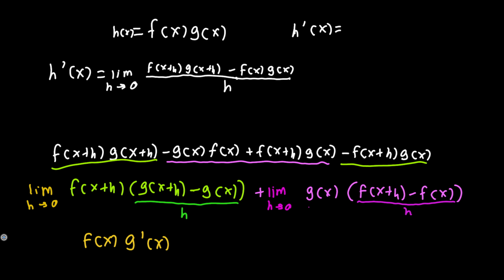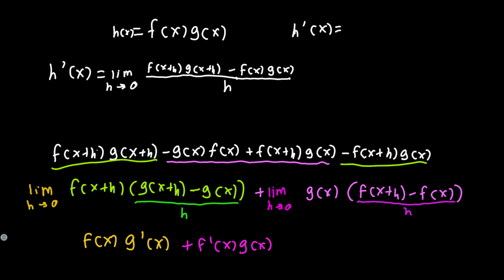For the pink counterpart, it's going to be the same process. We have plus g of x and the limit definition for f, so it will be f prime of x, which we could rewrite as f prime of x times g of x.